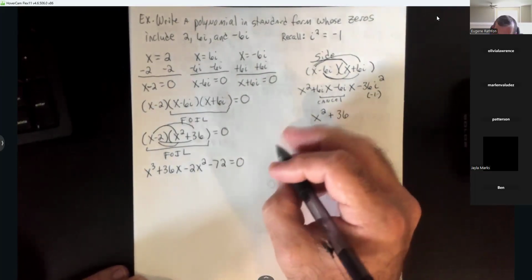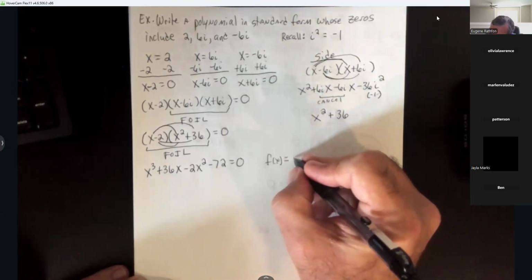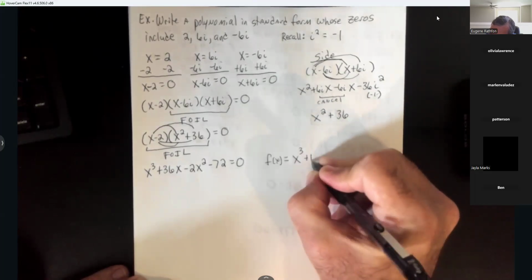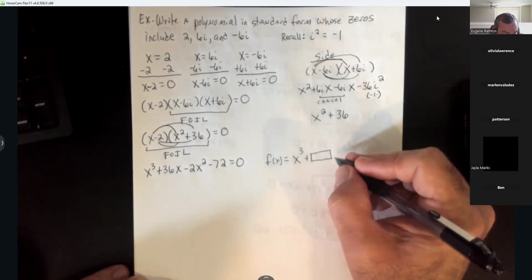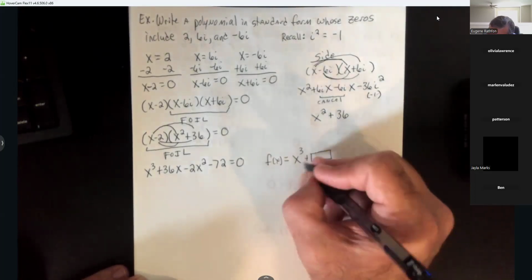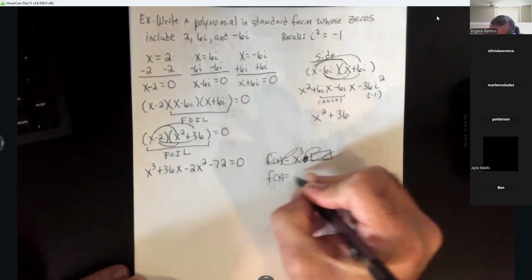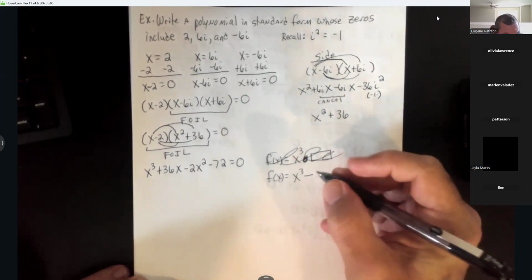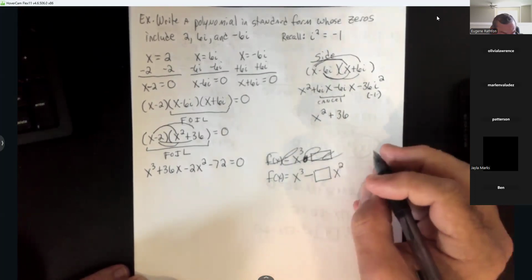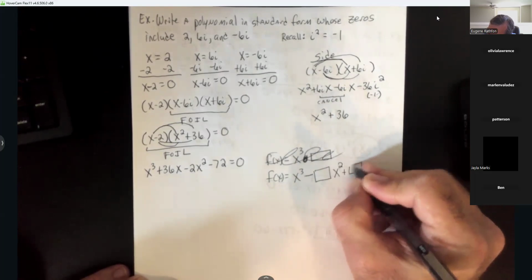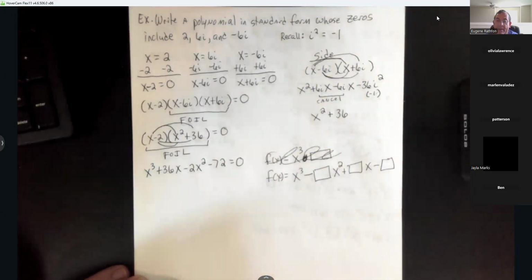Now for their answer, they had f of x equals x cubed plus blank x squared. Whoops, they have minus, my bad. I was looking at the wrong problem. They have x cubed minus blank x squared plus blank x minus blank.